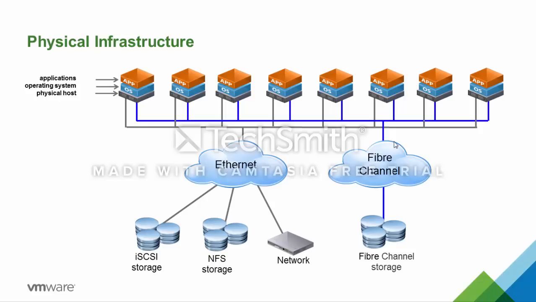So what we used to do was, in order to isolate these apps from each other, for example, if you put your database server, your email server, and your web server all on that same physical server, if you had to do email maintenance, you'd now be affecting your web server and your database server.